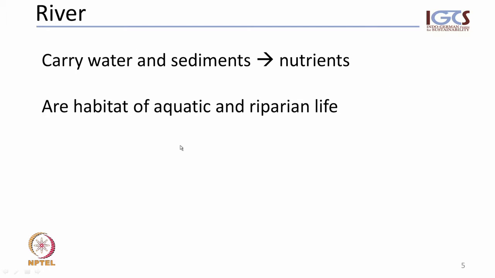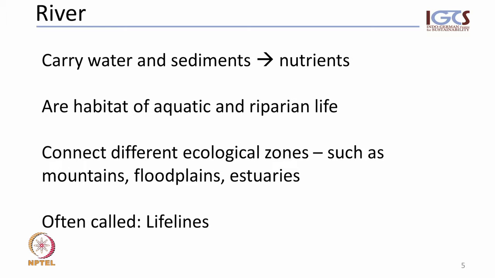Rivers not only carry water, but they also carry sediments, and by carrying sediments they carry nutrients. They are also habitat of aquatic and riparian life, and they connect different ecozones, such as, for instance, a mountain through floodplains to estuaries. And for that reason, we also call rivers our lifelines.